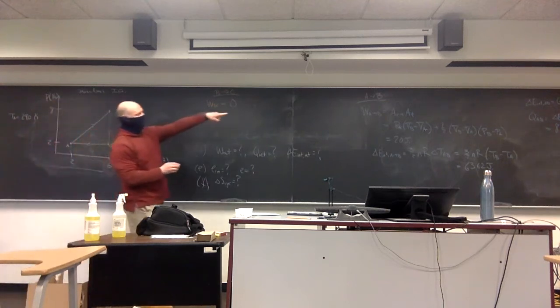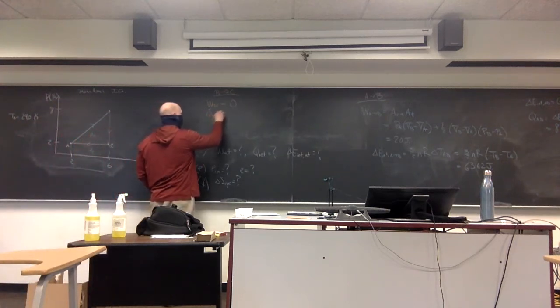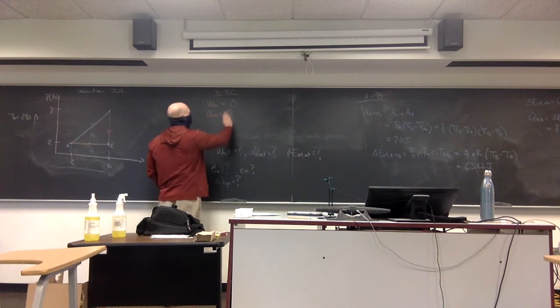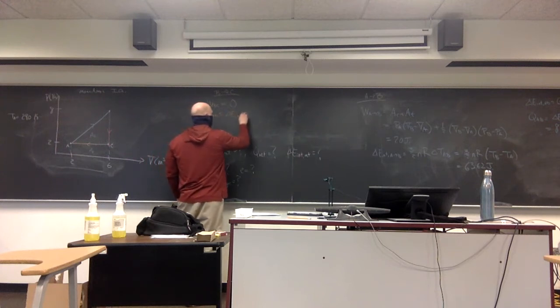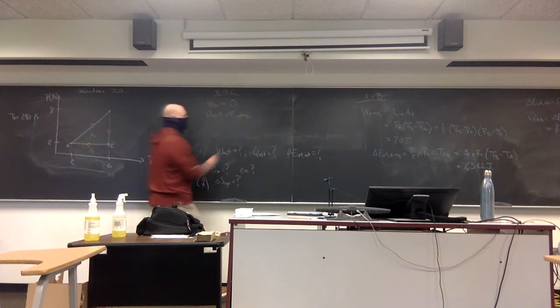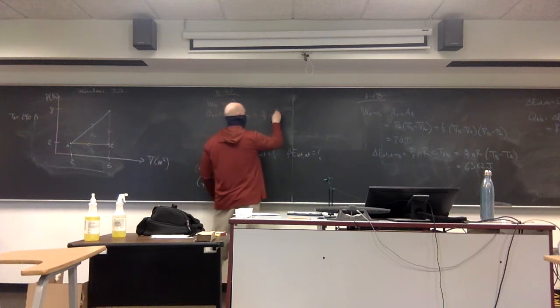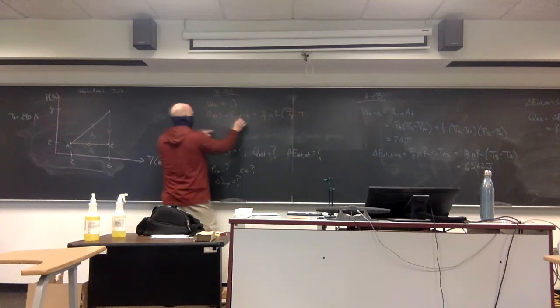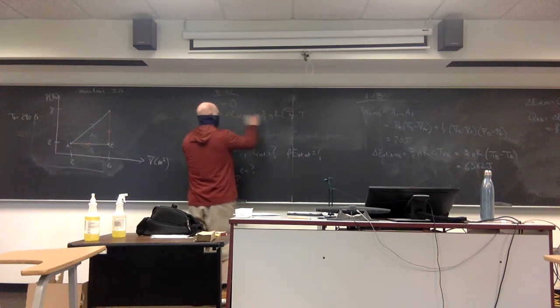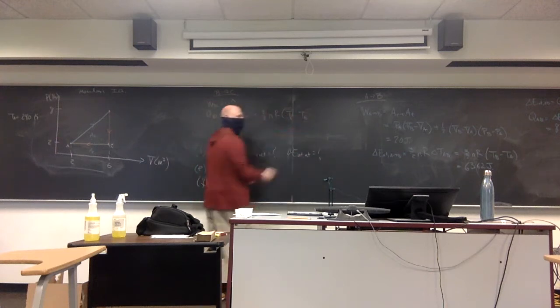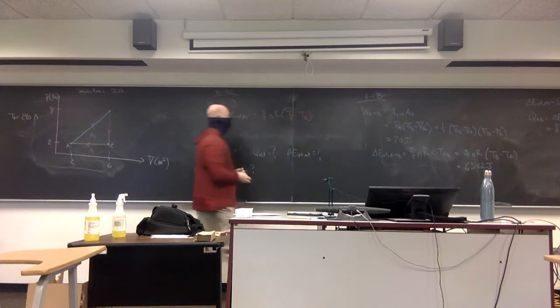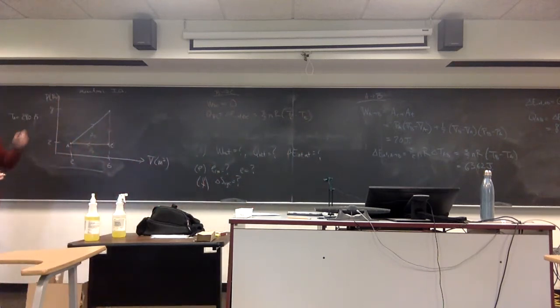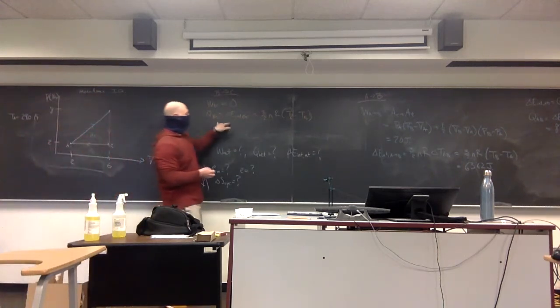Which means by the first law of thermodynamics, the heat flow going from B to C must be equal to the change in internal energy going from B to C, which we know is equal to 3/2 the number of moles times the universal gas constant times the temperature at C minus the temperature at B. Again, we already calculated the temperature at C and the temperature at B. Temperature at B is greater than temperature at C, which means this has to be negative.